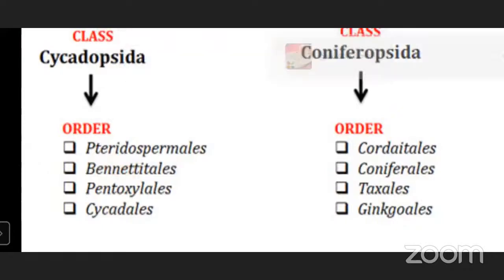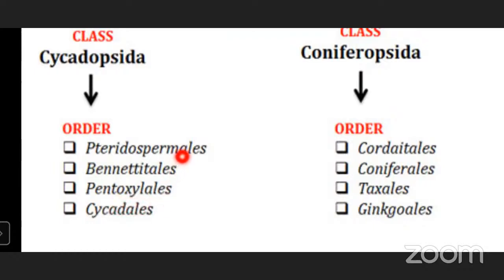Pteridospermales, P is silent. Okay. Next order, bennettitales. Next, pentoxylales. And the last order is cycadales.